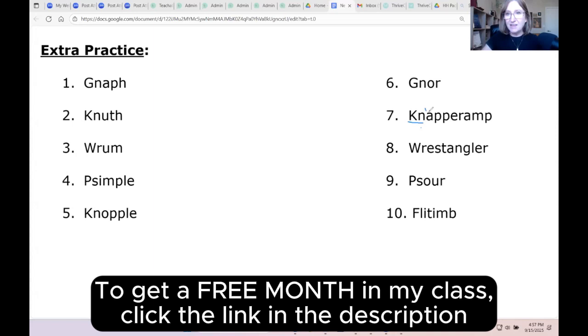All right, so this KN says N. Here we have an A. Here we have a double consonant. Here we have an ER that just says R. We don't even hear the E. And everything else you would, well, the A says A. Then the consonants say what you would expect. So go ahead and try it, and then I'll come in after. This A can say A or it can say uh.